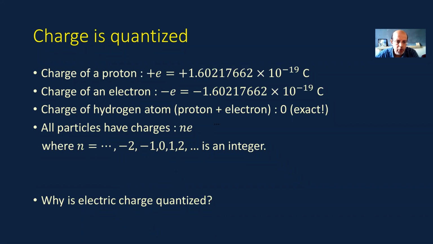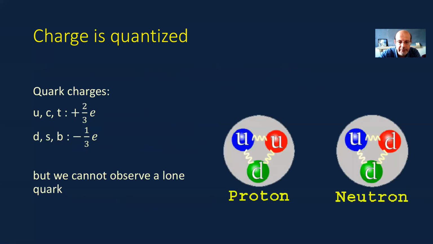Okay, so all particles have charges n times e, where n is an integer. It can be a negative integer or 0, that's possible. But there's some kind of fundamental unit of charge that I always show with the letter e. And the question is, why is it quantized? There should also be a reason for that.